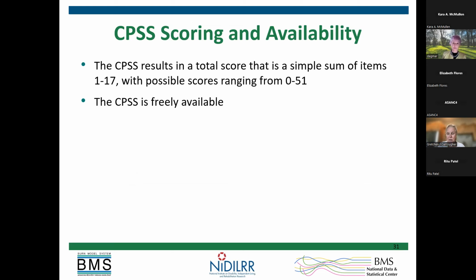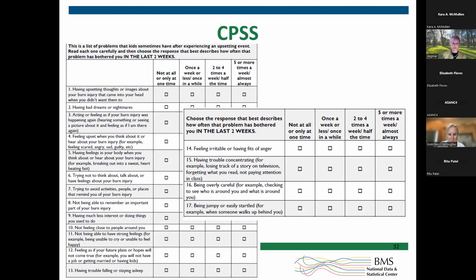As is typical for classical test theory scales, the CPSS is scored by simply summing the item scores, and the possible scores range from 0 to 51. Again, it's freely available if you want to use it. And here's what it looks like. It has 13 items. This is just so that it's better readable.